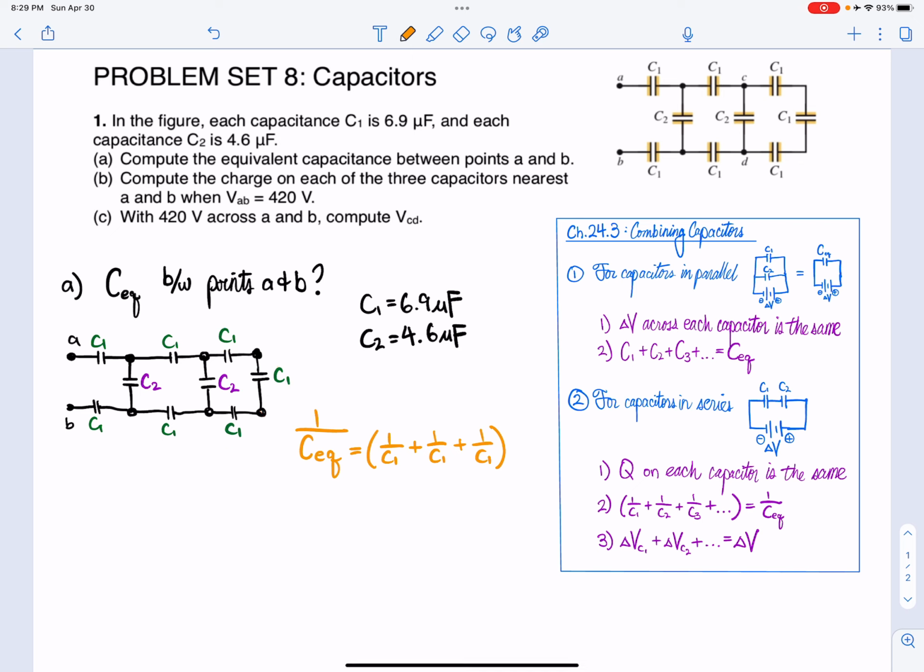They're in series. But instead of using this fraction and having my C equivalent in the denominator, I'm going to take the inverse of both sides of the equation so that I can just have C equivalent on the left side.